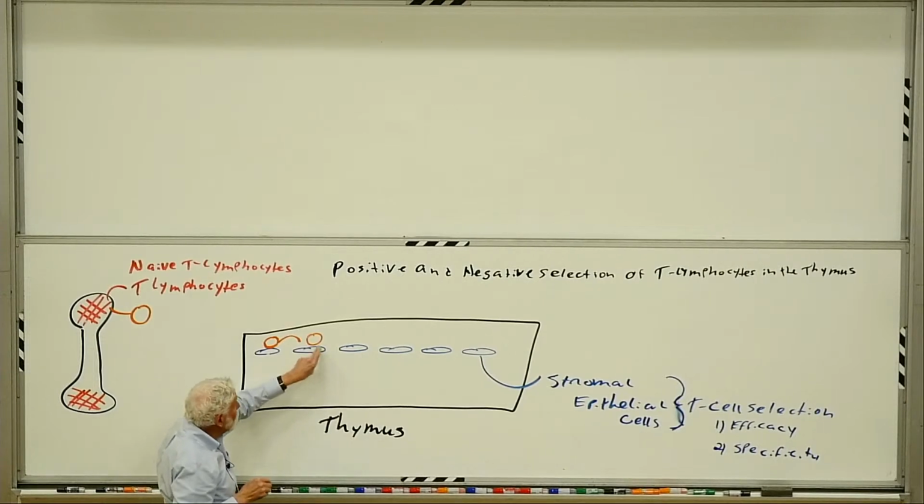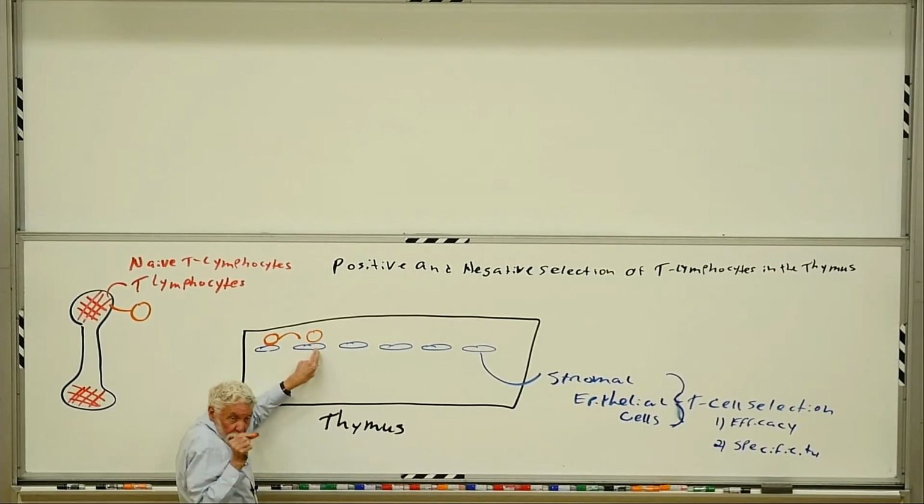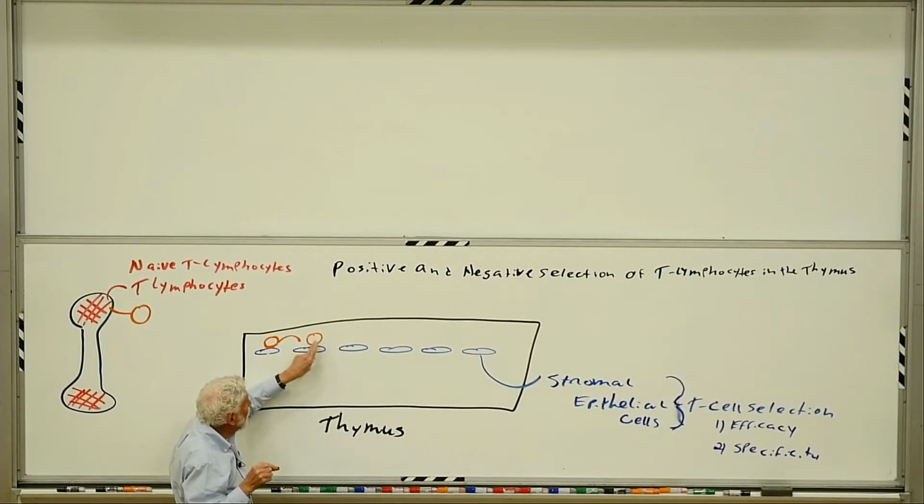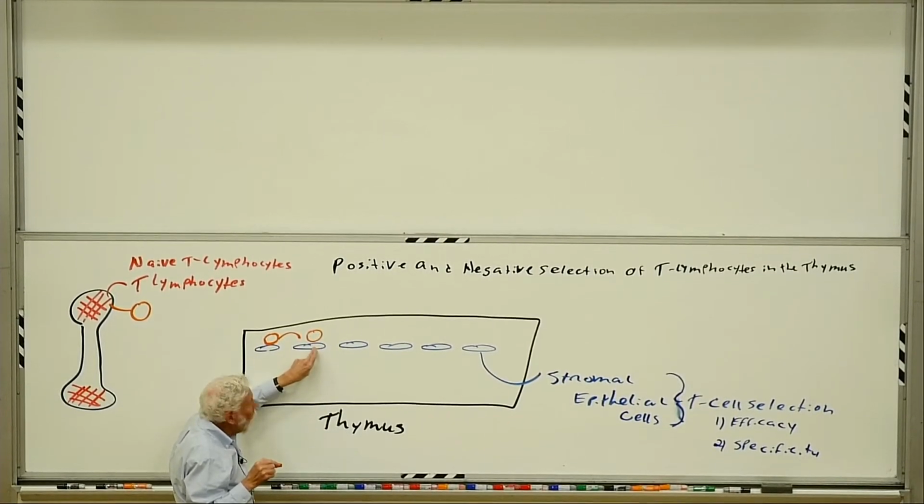And the epithelial cell says, well, congratulations, you passed the first test. Now I'm going to ask another question. And the epithelial cell asks the T lymphocyte, what kinds of proteins can you recognize?